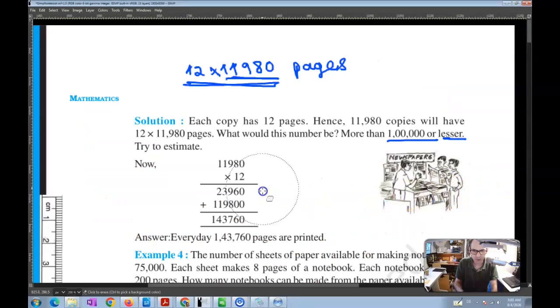Now, when you ask this type of question about the number of pages of a certain newspaper in a whole town, usually you don't care about each and every one of those pages, meaning you don't want to know the number down to the last page.